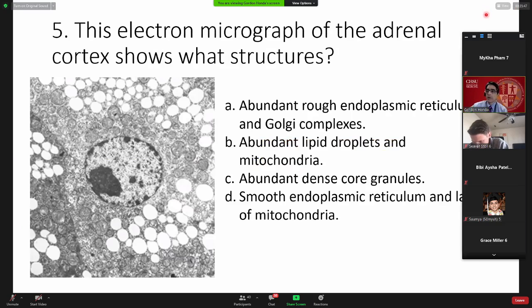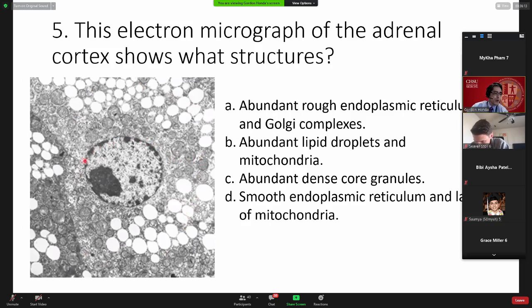You know me, I like to throw in an EM photomicrograph. Let me just pick on group 9 and kind of tease you a little bit on this. So we've got this electron micrograph here, and let's just start with this.